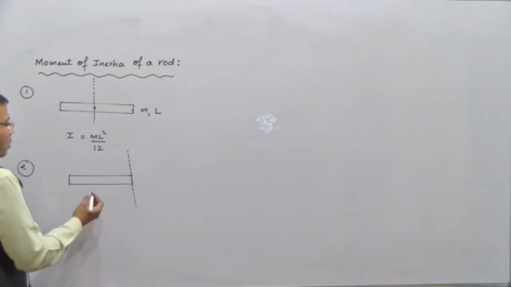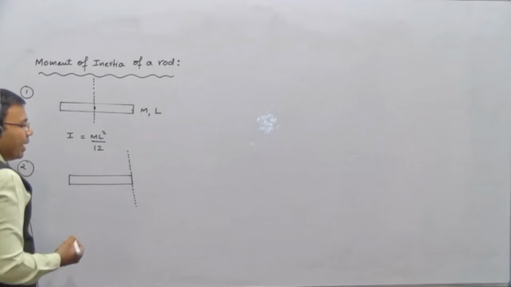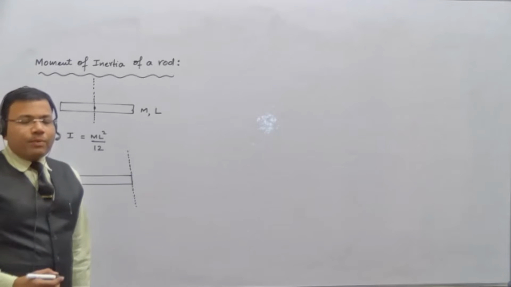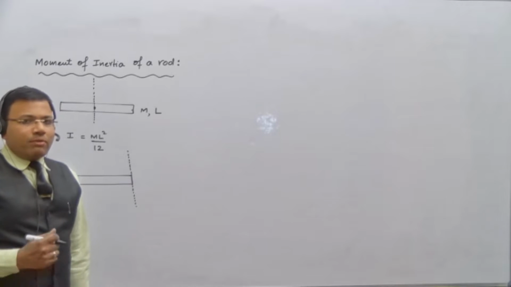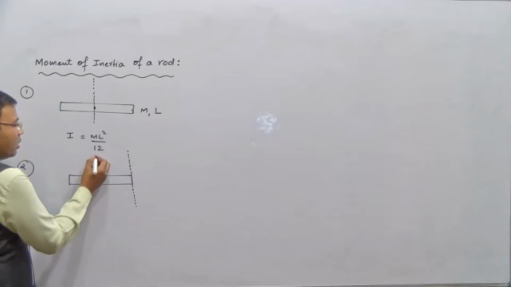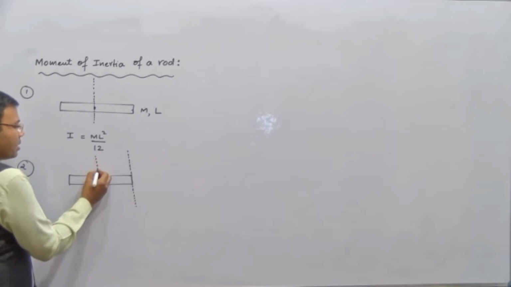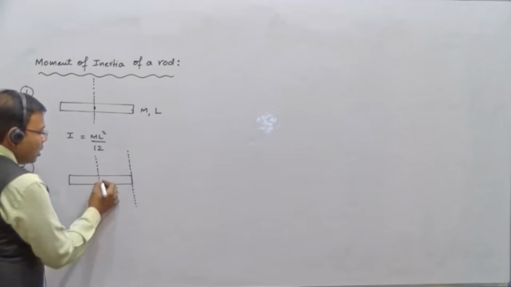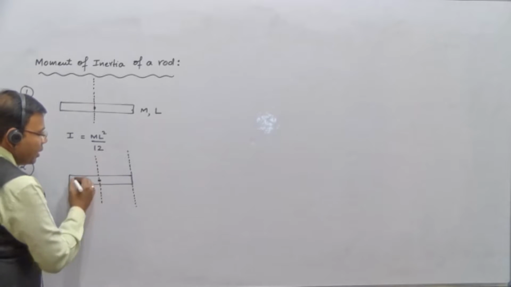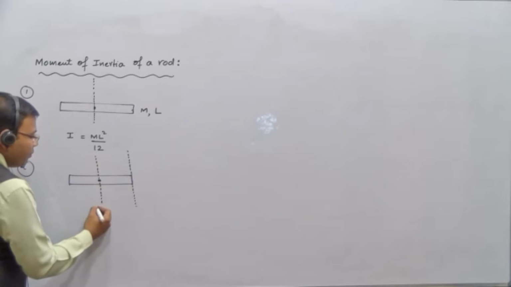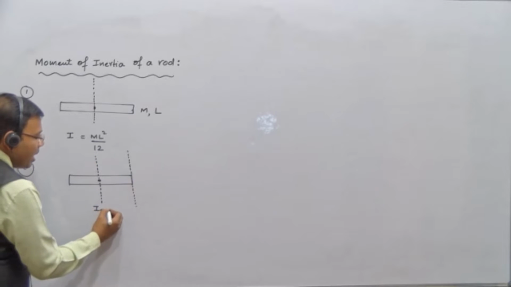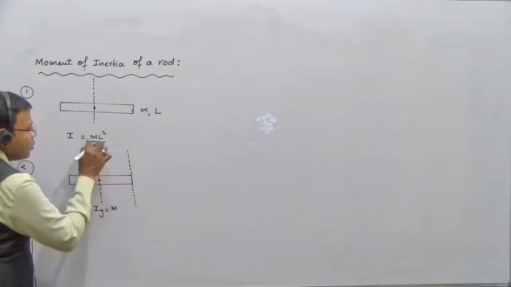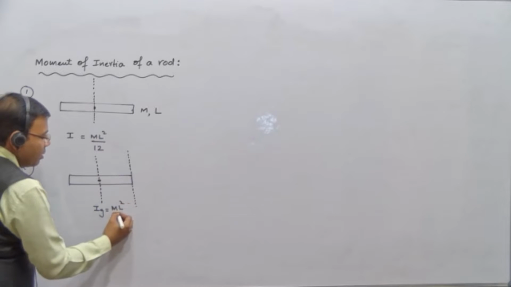So I take the help of the parallel axis theorem. So what is this parallel axis theorem? Let us see. Here, this is the axis about the center, passing through the center as well as perpendicular to the length. About this, we know it is Ig, and we have just seen it is ML square by 12.